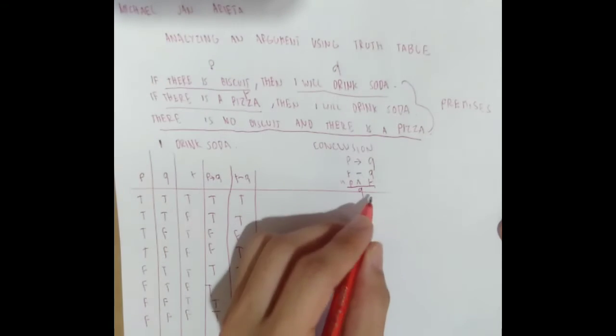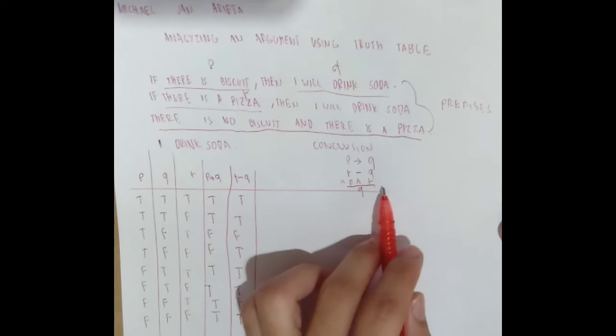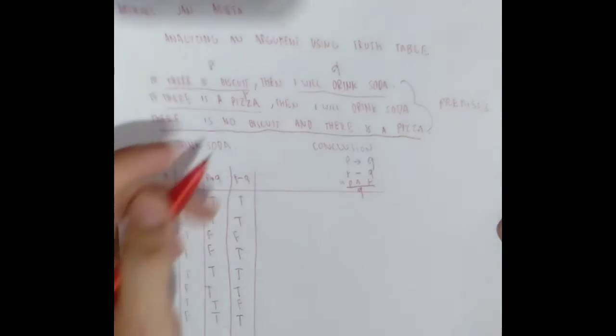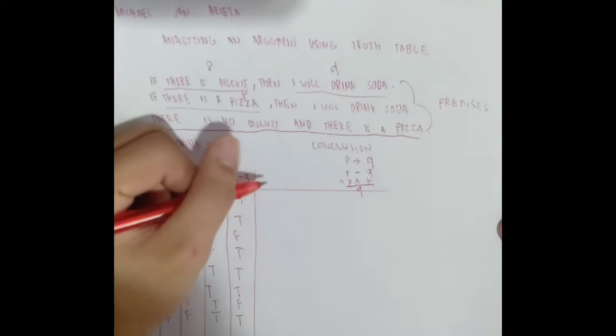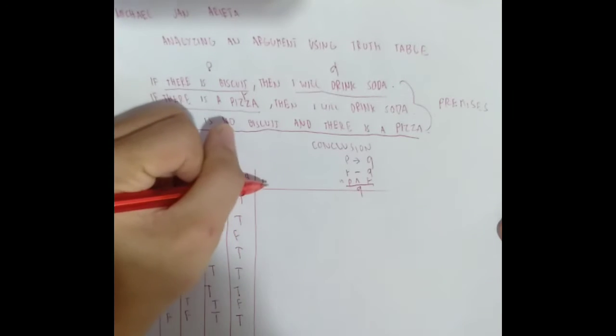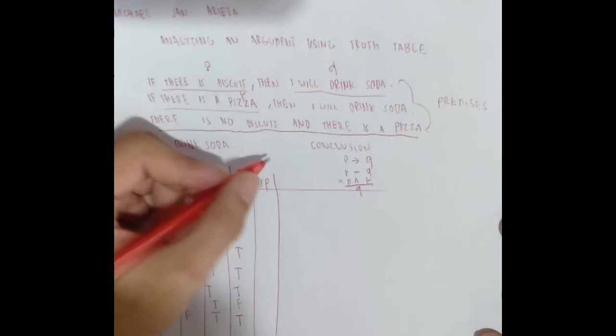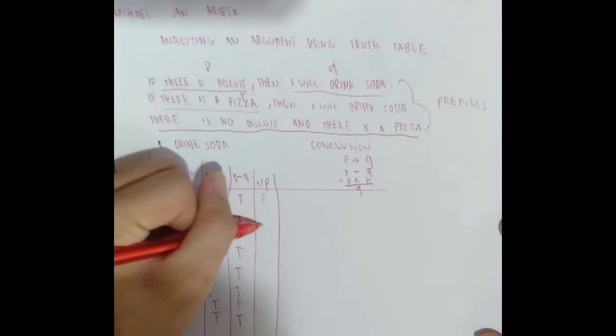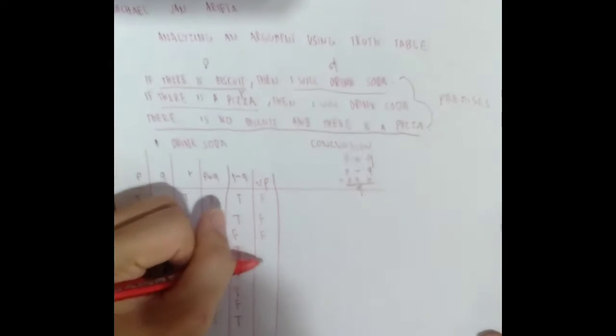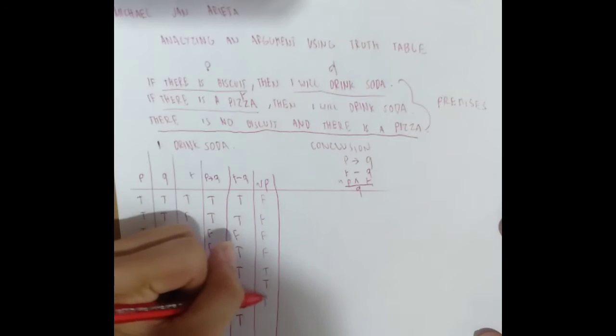The last line of my premises is not P and R. But I don't have a not P column, so let's make one. That will be the opposite of the first column, so 4 false, then 4 true.